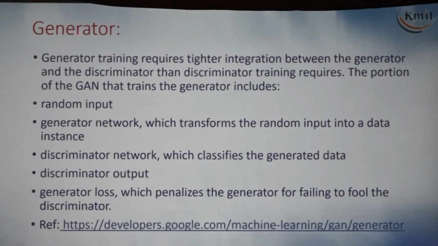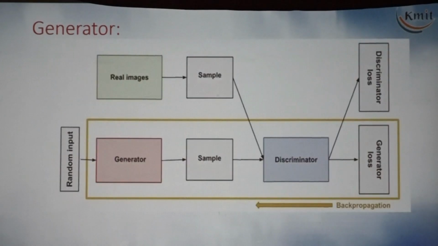And of course, don't go by the heading; it is not just the generator, it is the complete GAN architecture, how to develop the GAN. Now see here: as I said, a random input goes to the generator, it generates a sample or image, and the discriminator takes it and the generator loss is created. What is the generator loss here? The generator loss includes two parts.